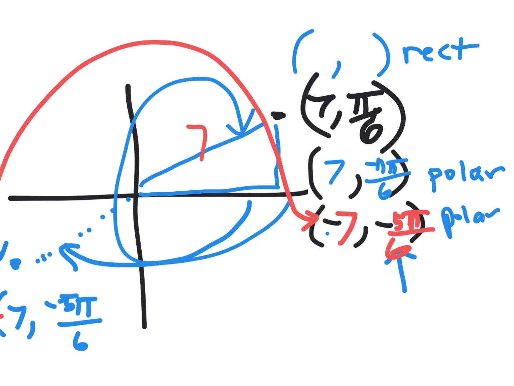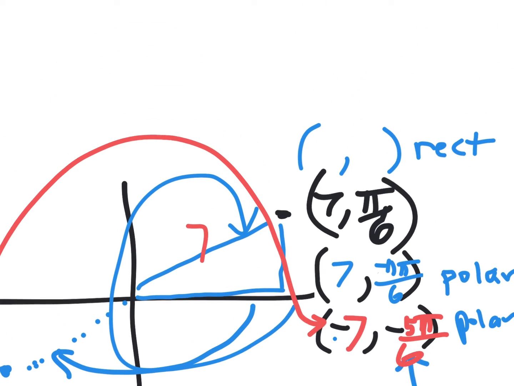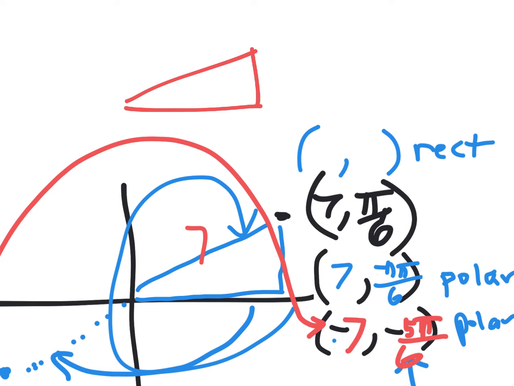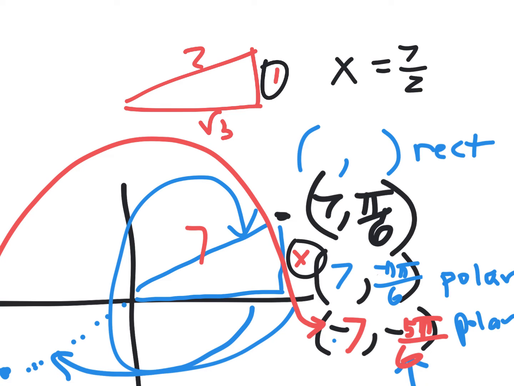If this is 7, but the classic right triangle with the 30, 60, 90 is 1, 2, and root 3, then I'd like to set up a deal where I go x is to 1, which is just x, like 7 is to 2. So x is 7 over 2. And I shouldn't have called that x. I should have called that y. Sorry. So the y value of my point would be 7 over 2, also known as 3.5.